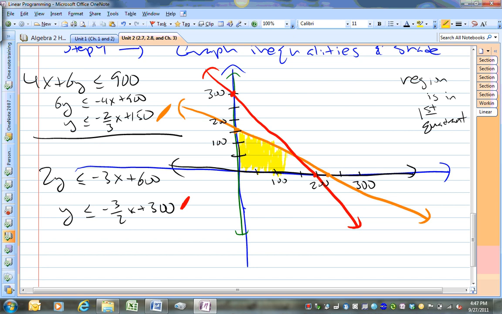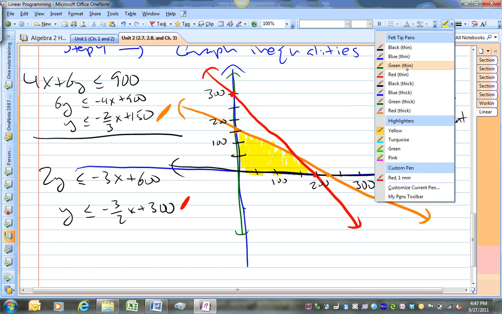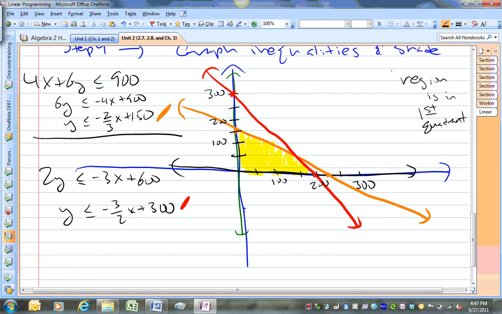Y is greater than or equal to 0, which is above the x-axis. So right now that is your feasible region. So anything in there we can use for finding maximum profit.